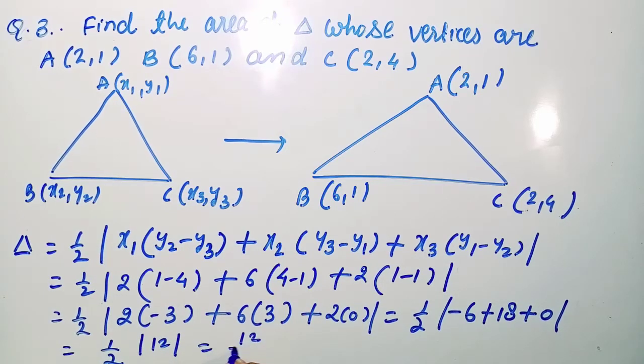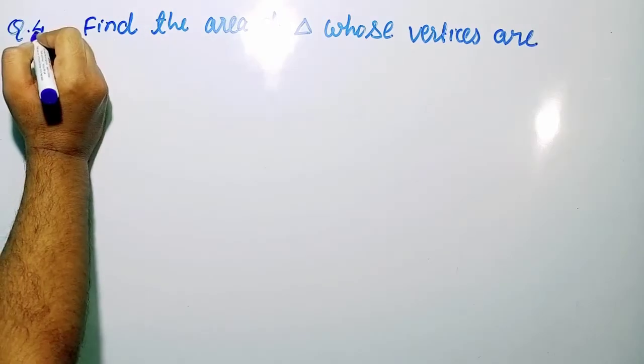So 12 divided by 2 cancelled, so we are getting 6 square unit. Okay students, so the area of triangle whose vertex is A having coordinates (2, 1), B (6, 1), C (2, 4) is 6 square unit. Okay students, now moving to the next question.